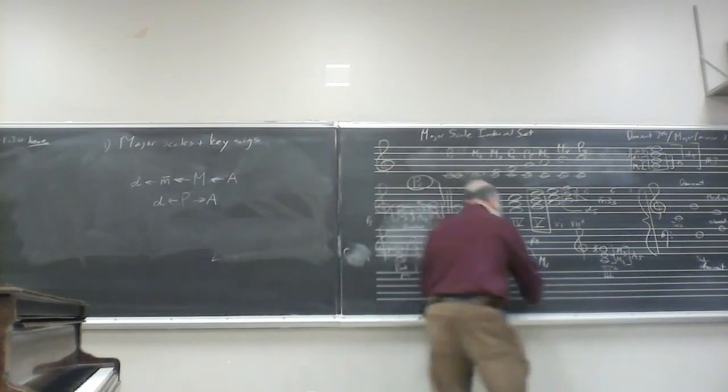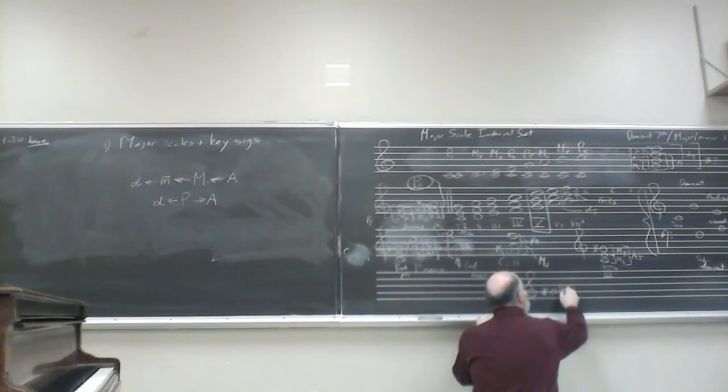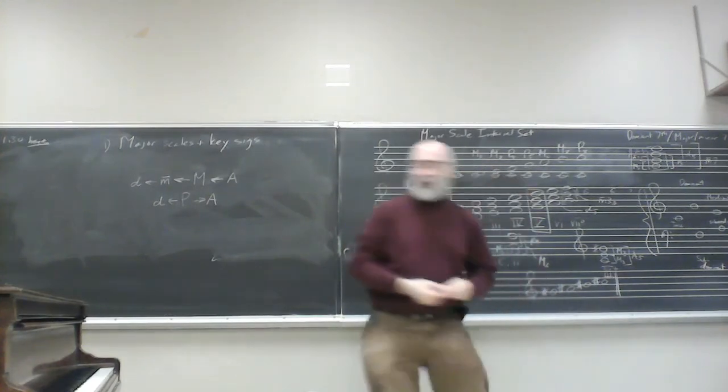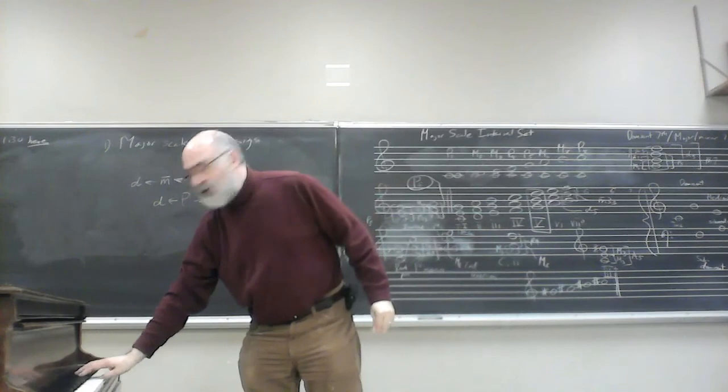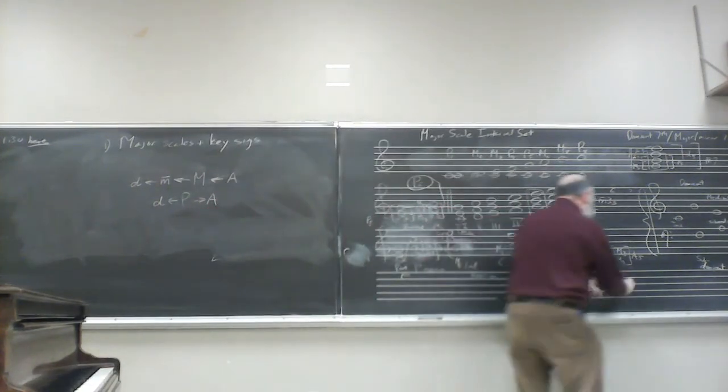There's our major tetrachord right there. Then up a whole step, D sharp, E sharp. Now, we must use a double sharp for the F so that we can then go up to G sharp.